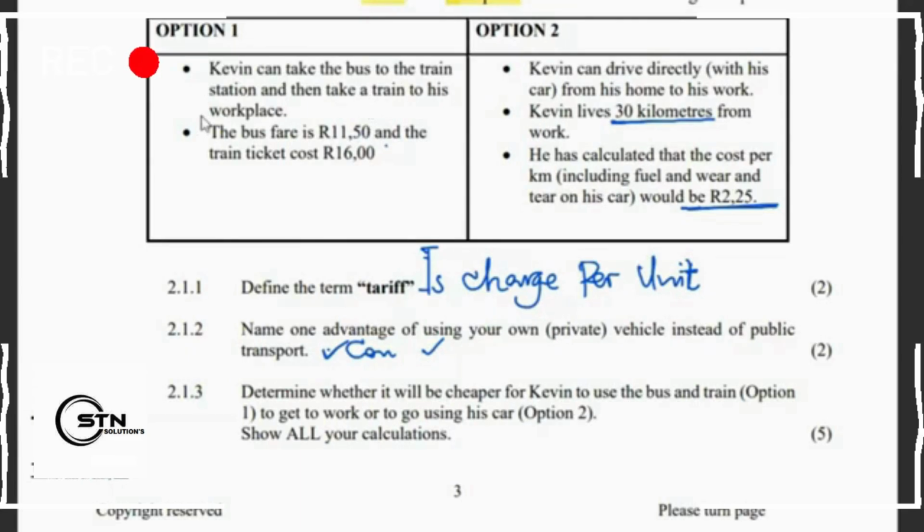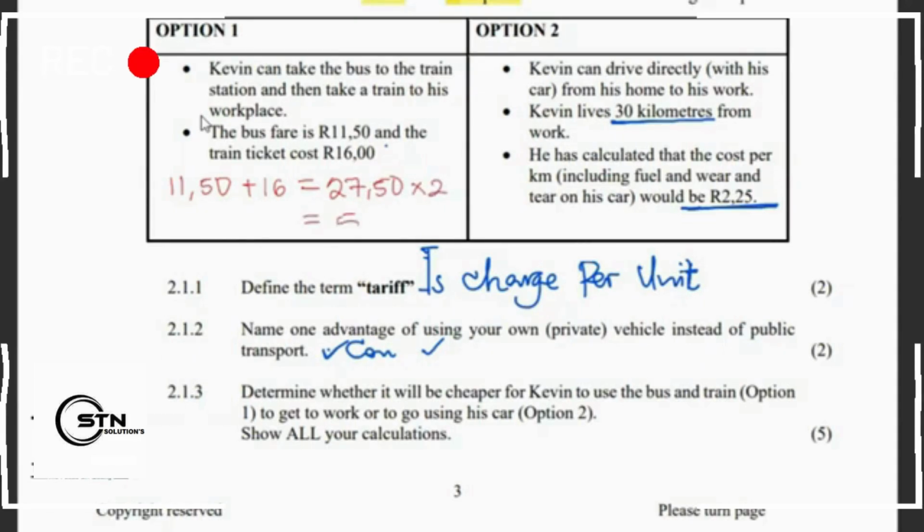If it's to use a bus, he will spend 11 rands 50 cents. Plus, he has to use what? A train. So how much is that? When you add this critically, you end up having 27 rands 50 cents. But I told you it's to and fro. So multiply by 2.